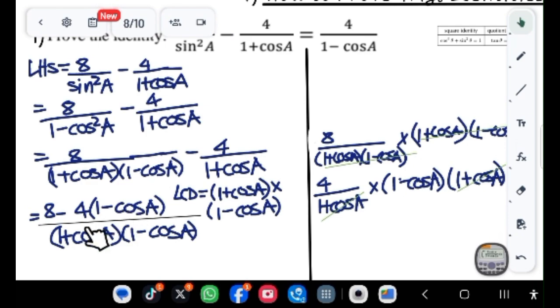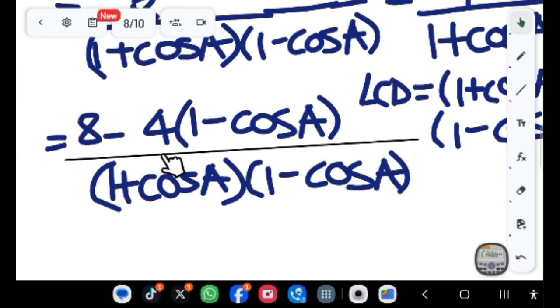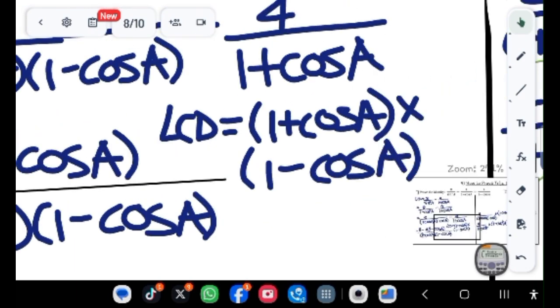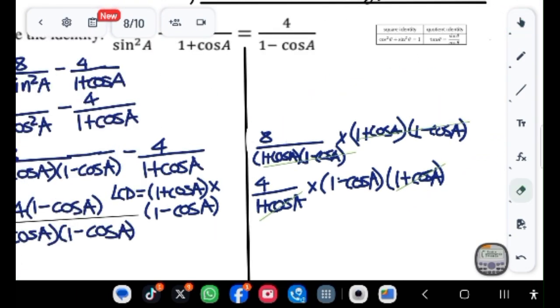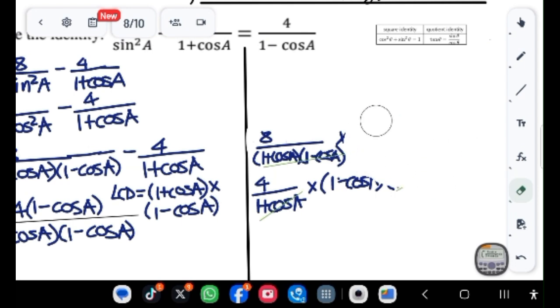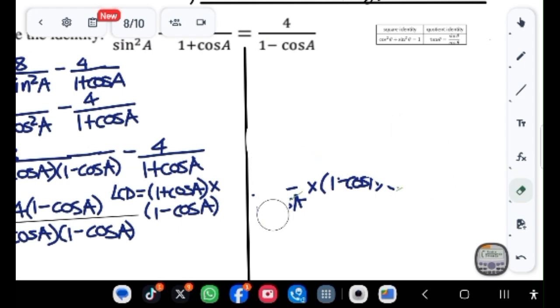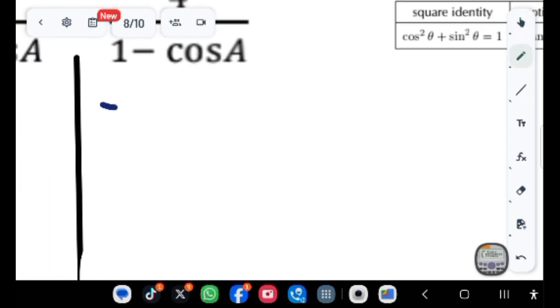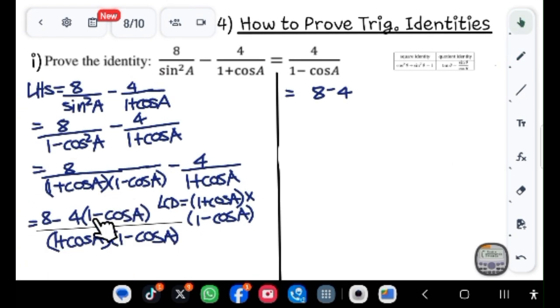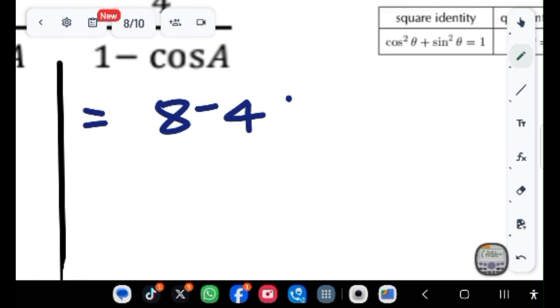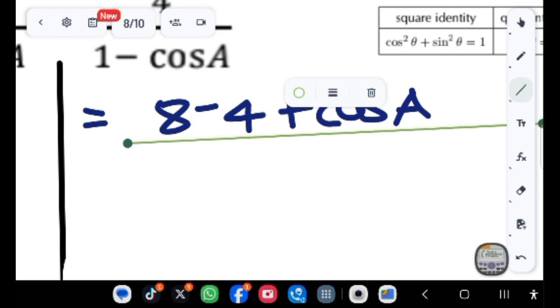So now let's simplify this. That's 8 minus 4, sorry, 8 minus 4 times 1 minus cos of A, all over the LCD.